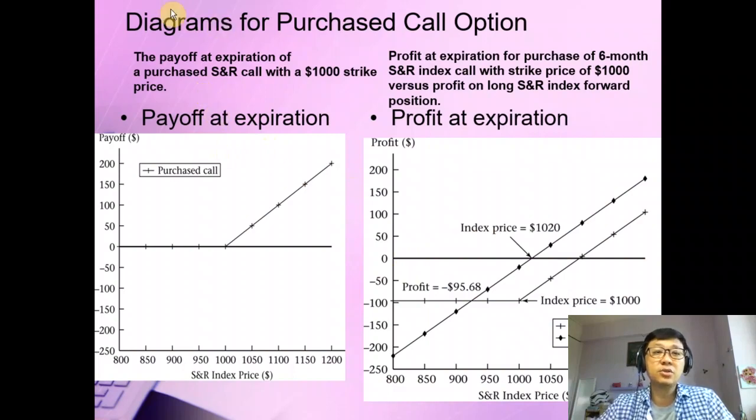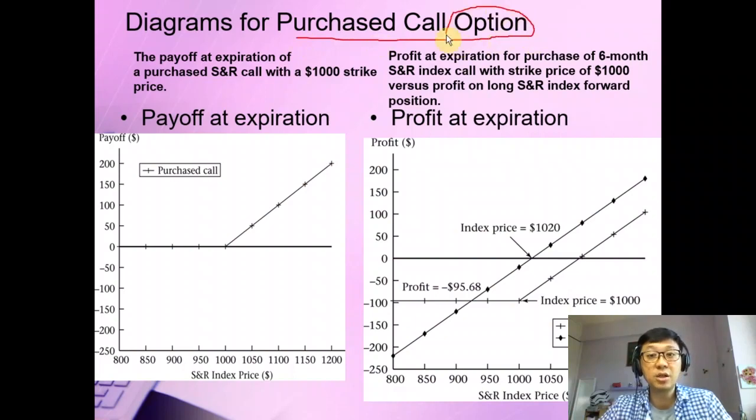Here is another very quick comparison of the long call option. So this is an option contract. Don't get confused, this is not a forward contract. This is an option price. Usually with a long call you can fix a price that you want to buy, let's say $1,000.